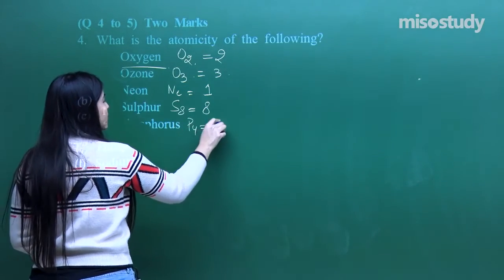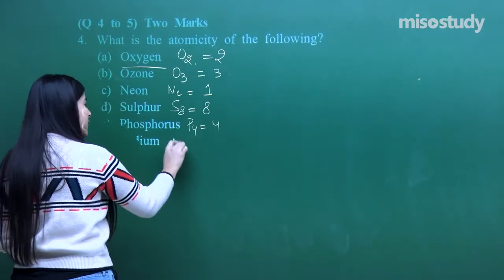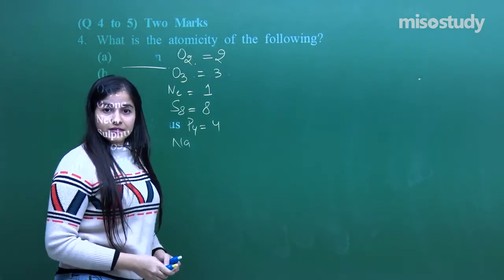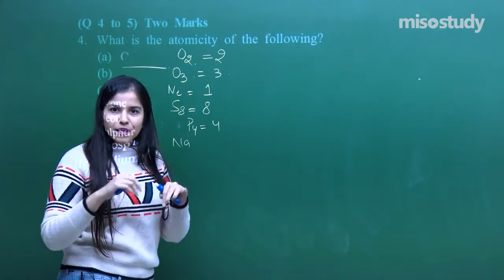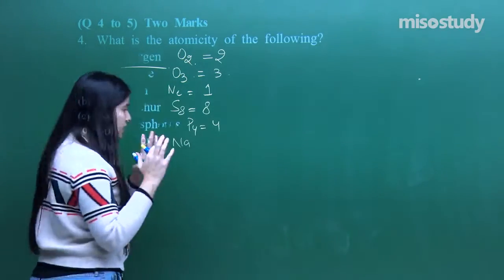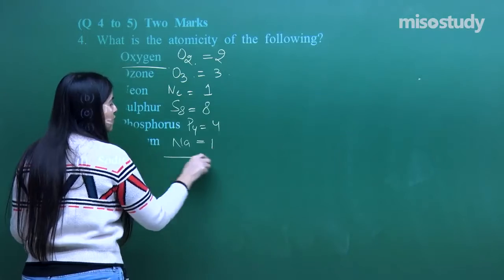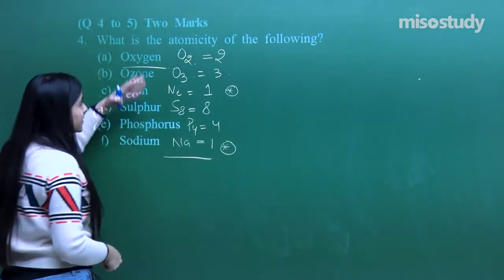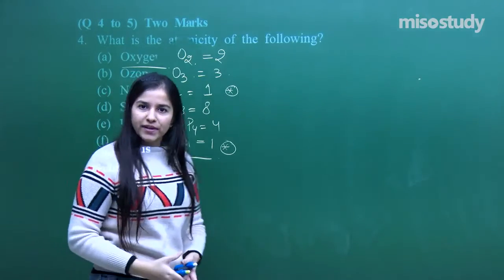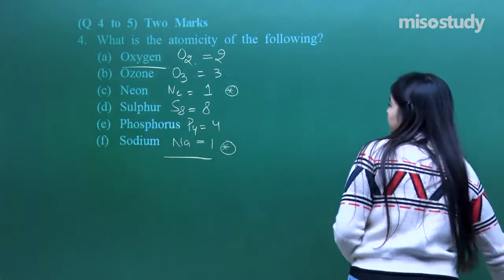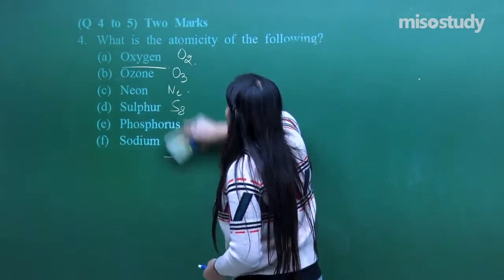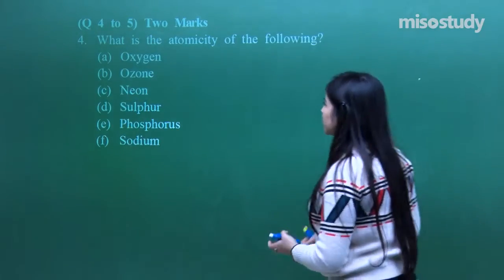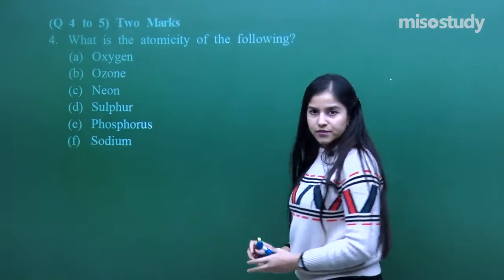Phosphorus, as I told you, it's 4, and sodium, again a metal, can be in a combined state, but in the individual state it does not combine with any other sodium to be stable. So 2 of them are having 1 as atomicity, whereas the others, their atomicity varies, okay. So that was question number 4. I hope everybody has got it, and each part will be given, you know, half mark or something, fine.